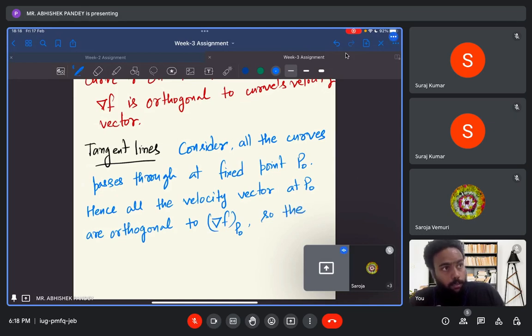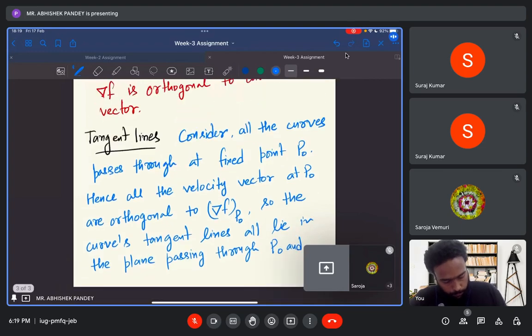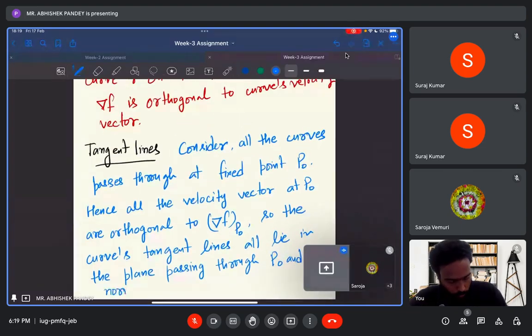So the curves' tangent lines all lie in the plane passing through p naught and normal to del f.